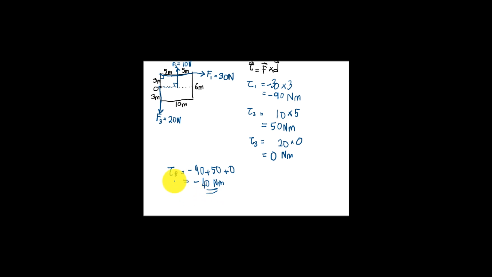Remember, torque is a vector quantity. It has magnitude and direction, so you have to state the direction of torque as well. Because the value of torque that we obtained is negative, the direction of torque is clockwise. We have done this question.